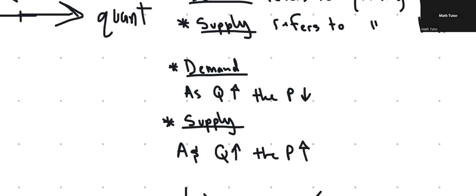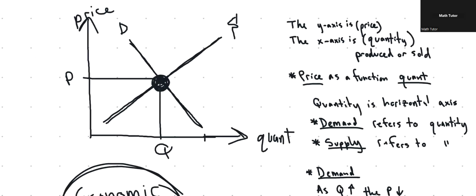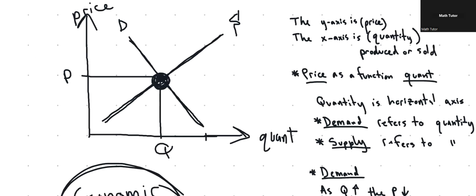This is stating what the lines mean. So as the quantity increases, we're saying that the number purchased decreases. I accidentally erased that.